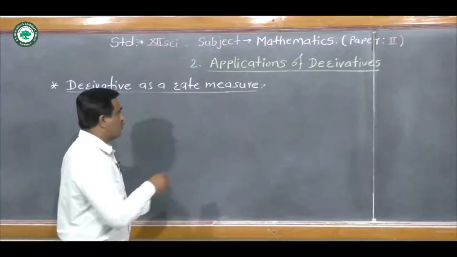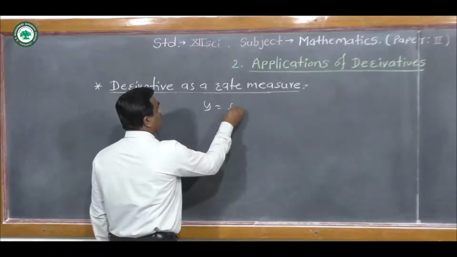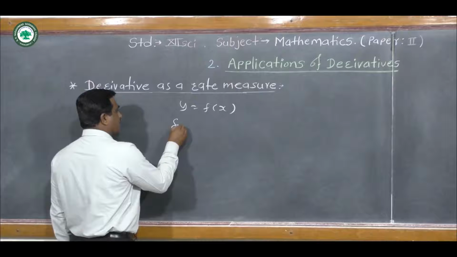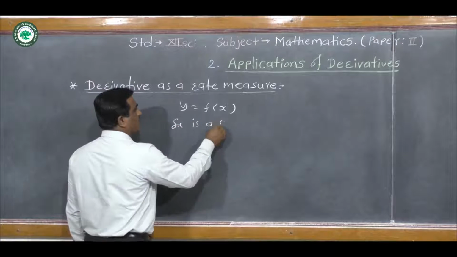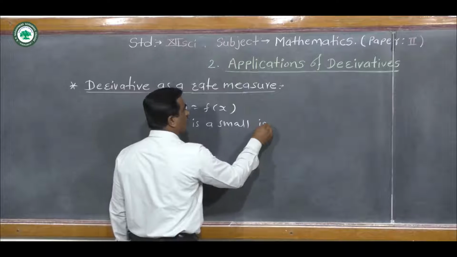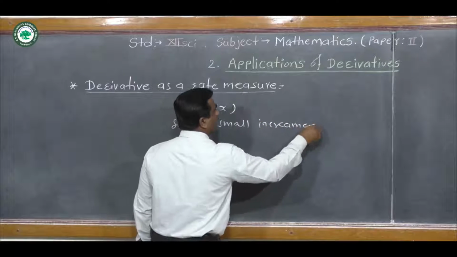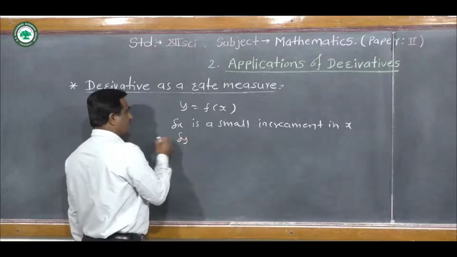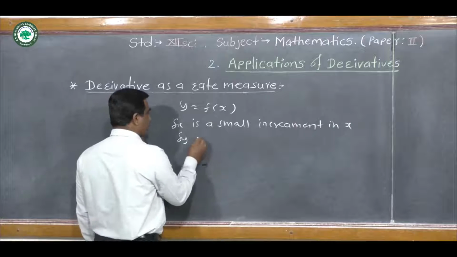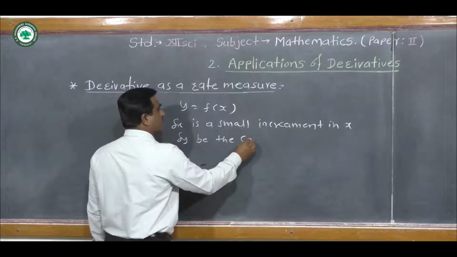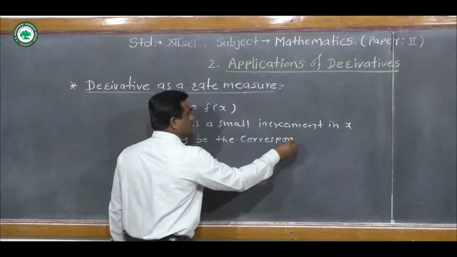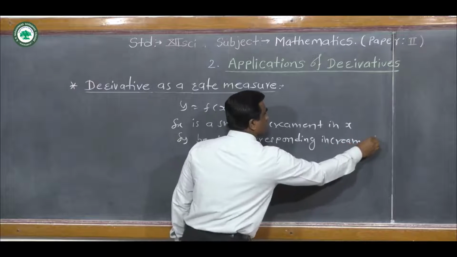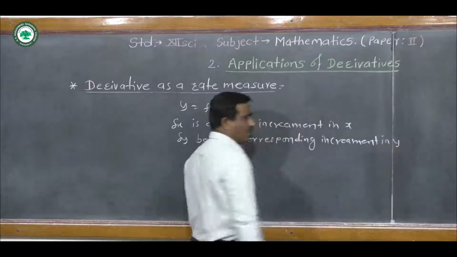We know that y is equal to f of x is a function. Now suppose delta x is a small increment in x, and delta y be the corresponding increment in y.